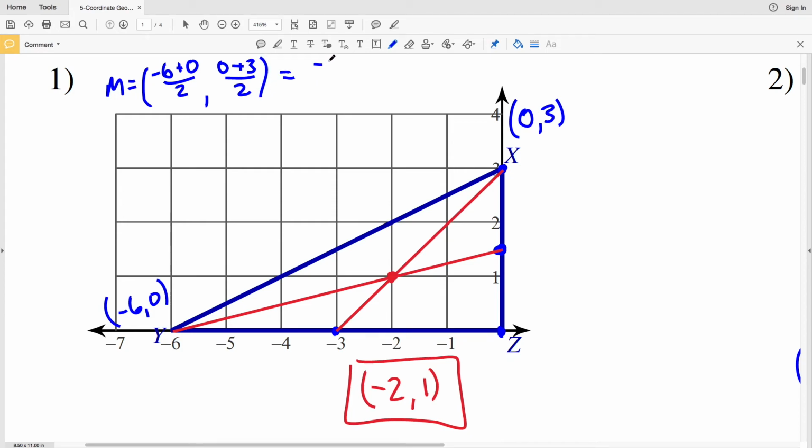That's equal to -6 over 2, comma, 3 over 2. So that will be -3 and 1.5. So -3, 1.5, plotting that. Now we're going to connect the midpoints to form a smaller triangle.